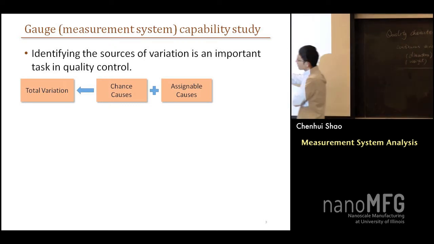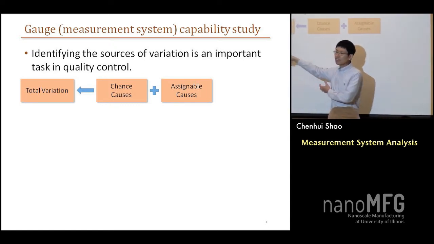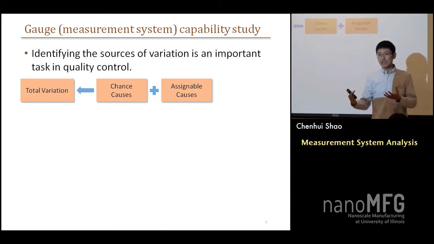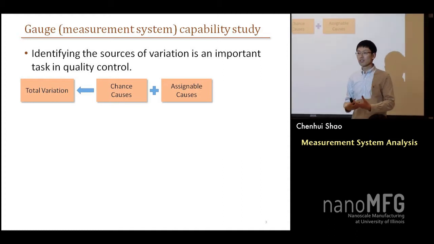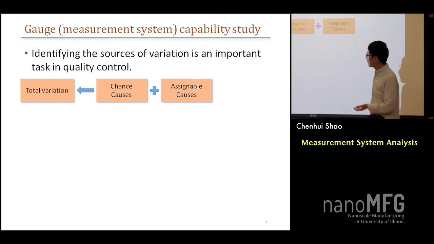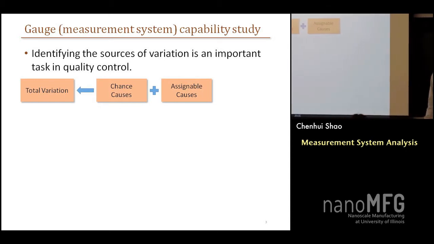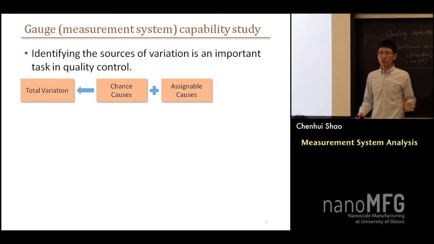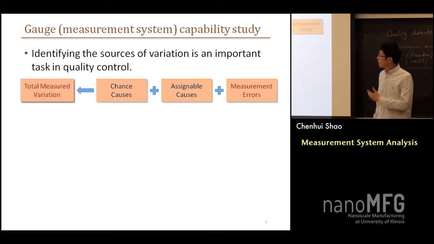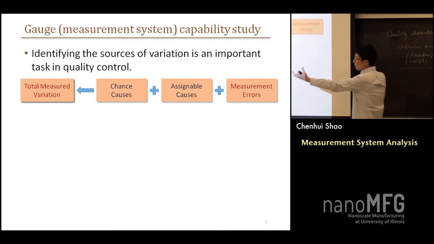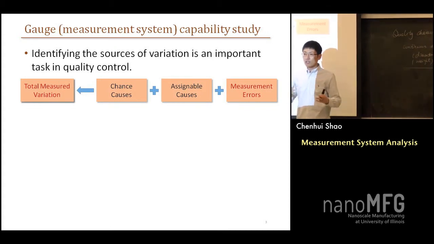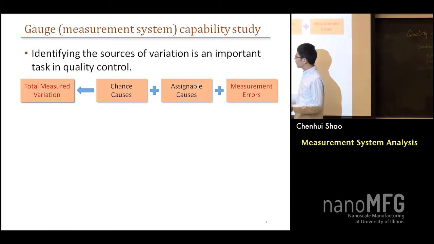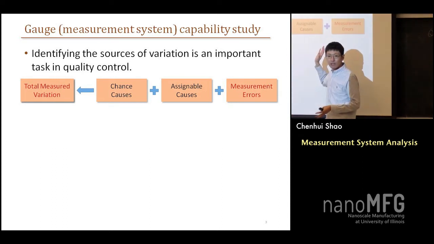But here, for the total variation, I didn't specify whether this variation is measured or is really there. So what if I say the total measured variation or total observed variation? Then there's a third possible source contributing to this variation, which is measurement errors. So if we have this decomposition, the goal is really to quantitatively estimate each of them.